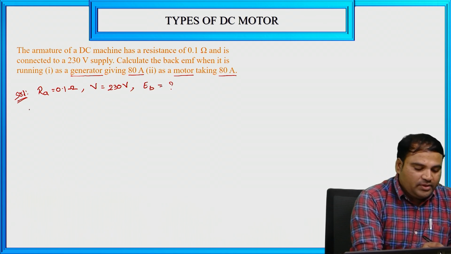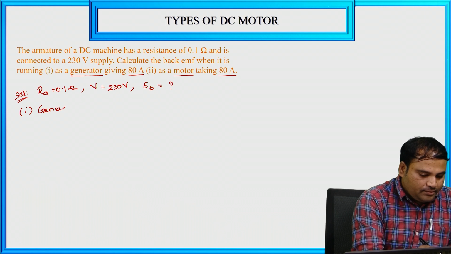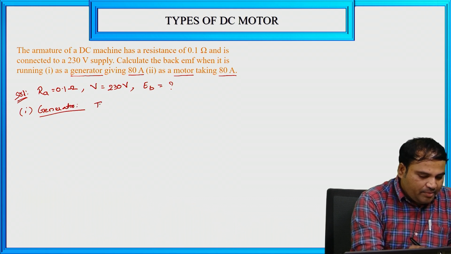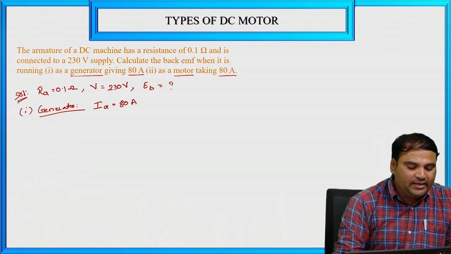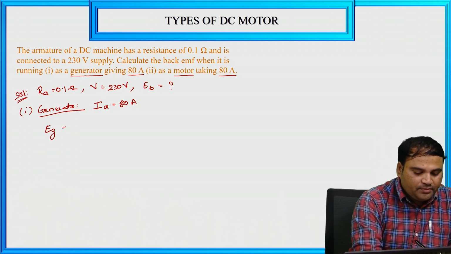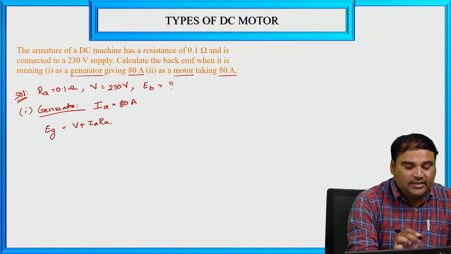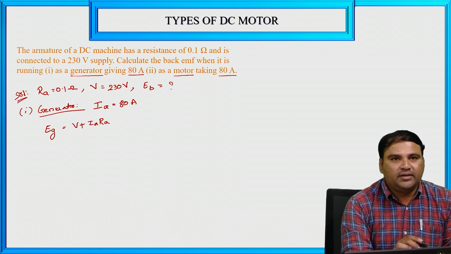Right. So here the first bit, if it is a generator, the current is given, that is armature current is given, IA equal to 80 amperes. Now we need to calculate the generated voltage, that is EG equal to V plus IA RA is the equation. Okay, basically this problem belongs to shunt type DC generator.